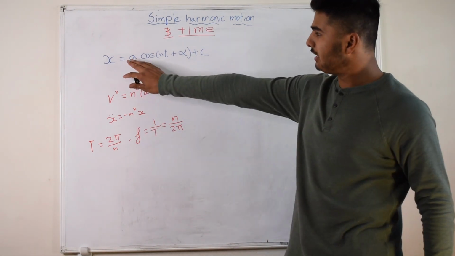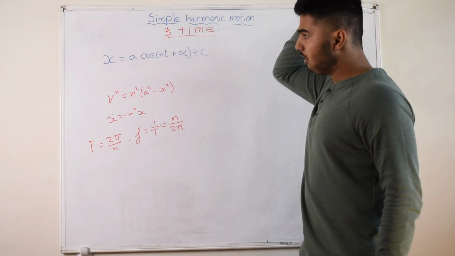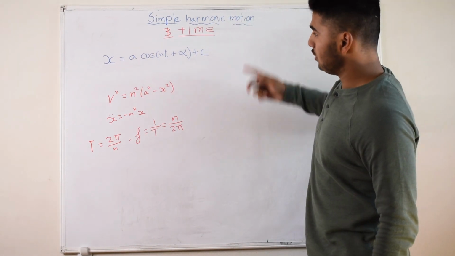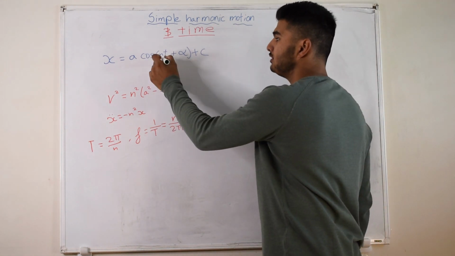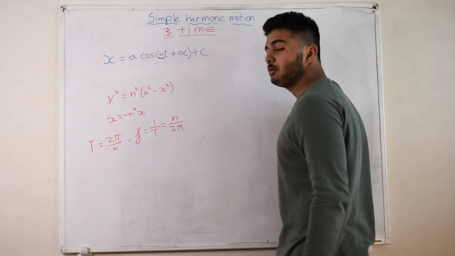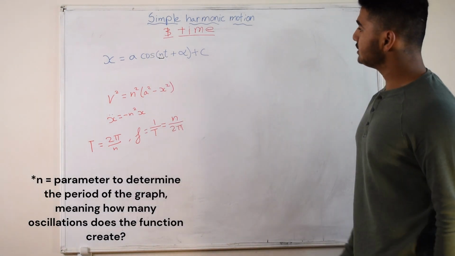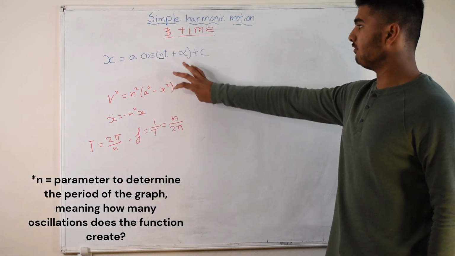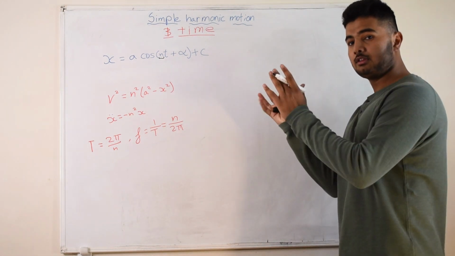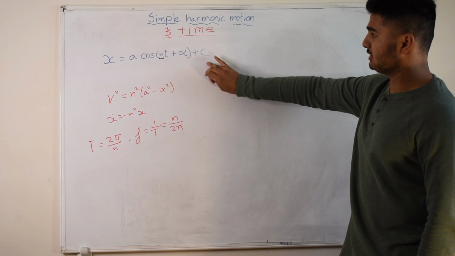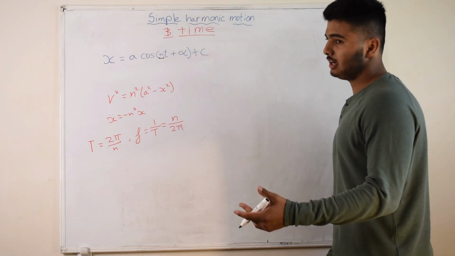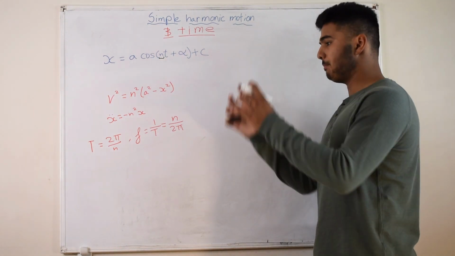So, a in this case determines the amplitude of the graph. Obviously, you've got cos. We've got n over here. This determines the frequency, how frequent it is, and obviously you've got alpha, or the angle, which shifts the graph left and right. And then plus c, this is the center line, or the center in a way. This shifts the graph up and down.